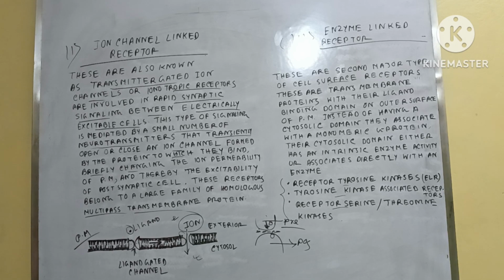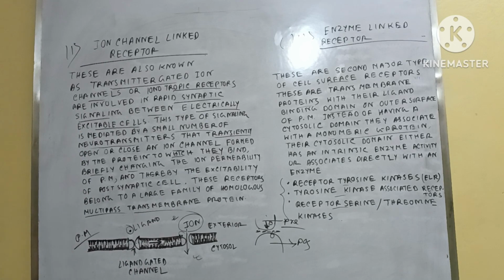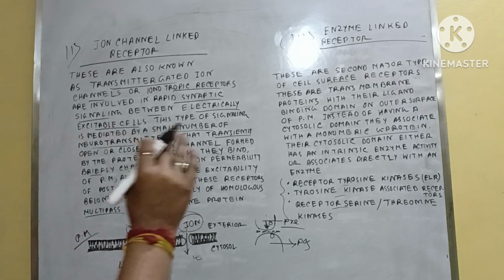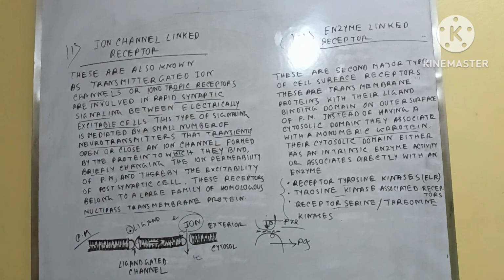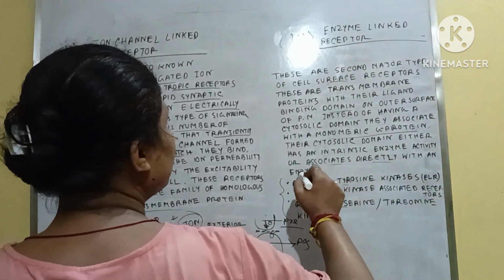Clear? Instead of having a cytosolic domain, they associate with the monomeric G protein, which plays the most important role here. In the case of GPCR the G protein also has an important role, but that was the trimeric G protein. Here the monomeric G protein is responsible, and their cytosolic domain either has intrinsic enzyme activity or associates directly with an enzyme.